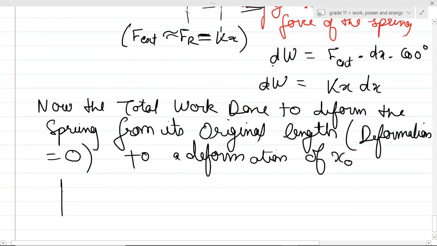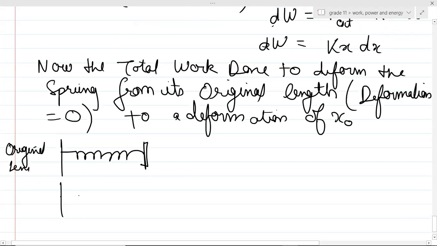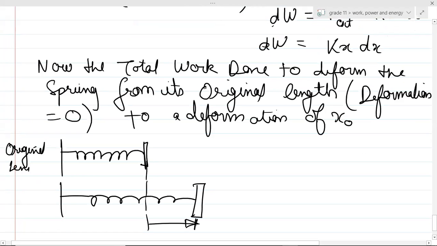So when I deformed it from this original length, from here if I deform it to x, then the potential energy stored will be equal to what? The work done by the external agent.